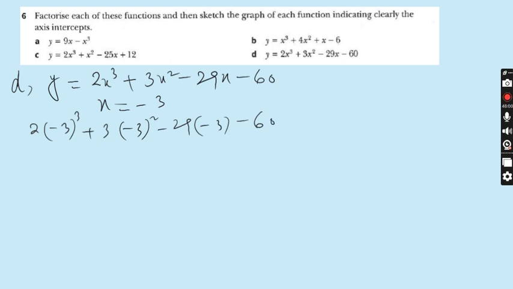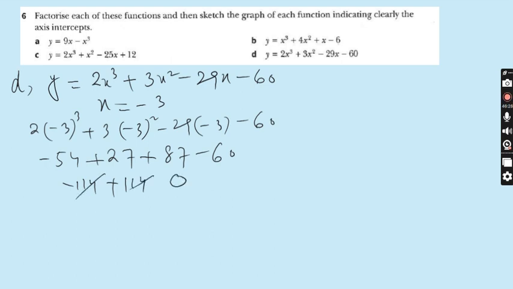Minus 3 cube is minus 27, times 2 is minus 54. 3 square is 9, times 3 is 27. 29 times 3 with minus minus becomes plus 87, minus 60. Minus 54 minus 60 is minus 114, and 87 plus 27 is plus 114. You can see you will get the first factor.